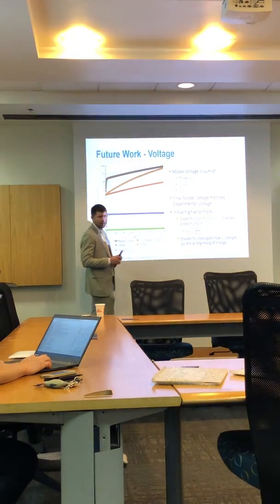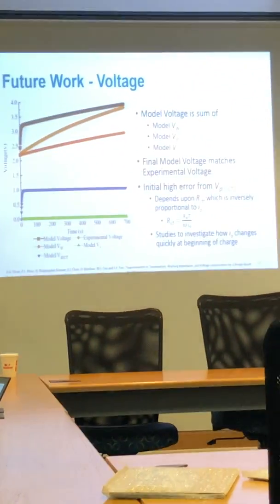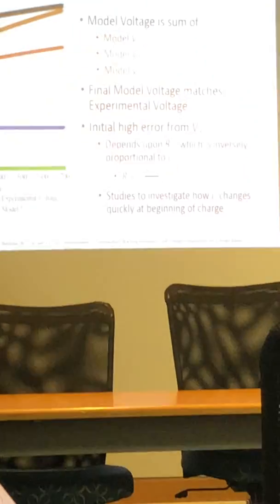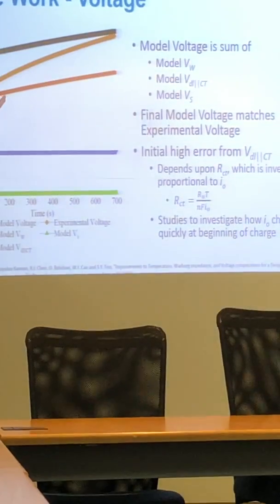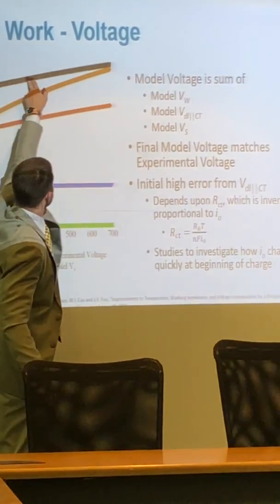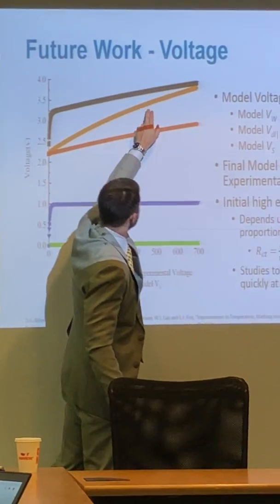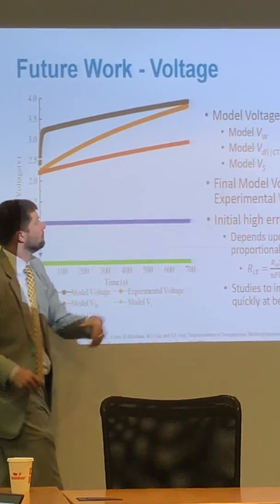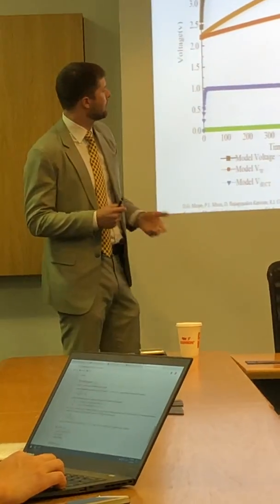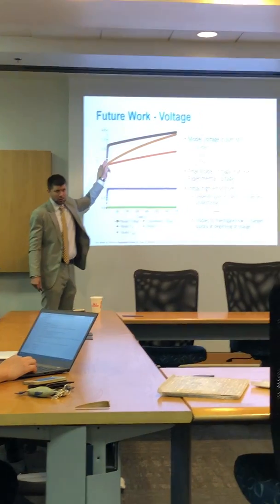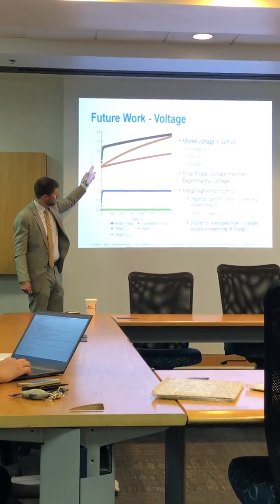This is just going back to that initial Randles ECM. So these three values combine to form this value, and this is my experimental value. We find when the cell is mostly charged, it's very accurate. At the very beginning of the charge, the error is fairly high.